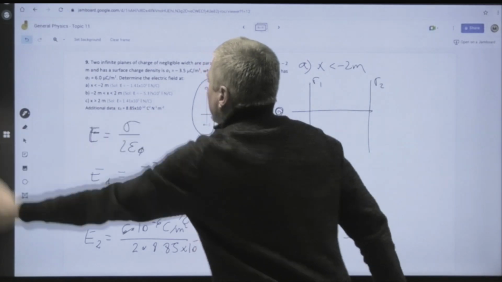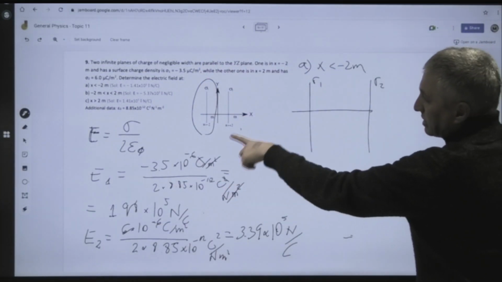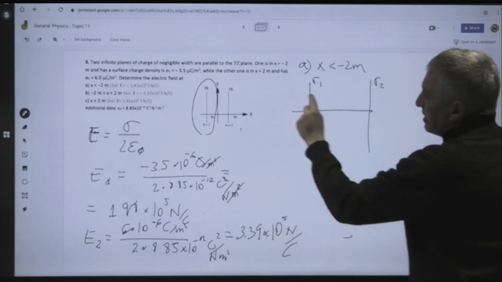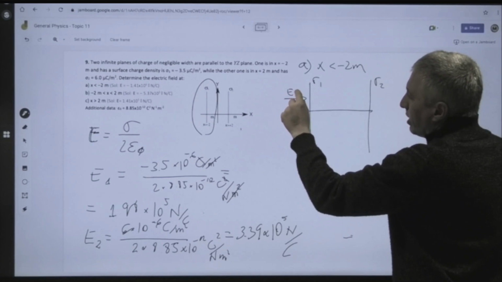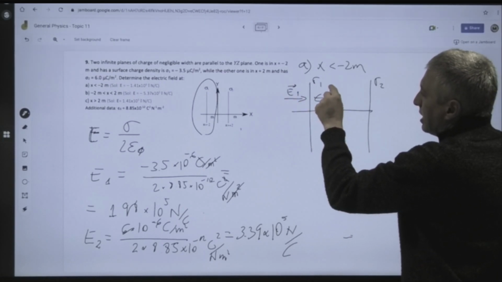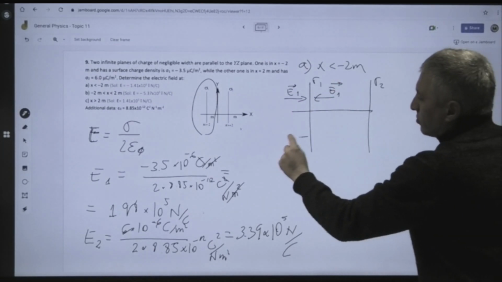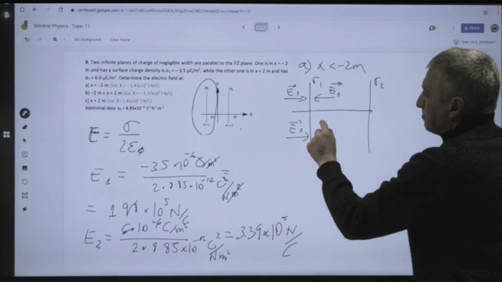Now, remember, sigma 1 is a negative charge, so the electric field produced by sigma 1 is going to go this direction, so that will be E1 on this side and E1 on this side. Same thing here, of course. E1, because it's homogeneous, and E1.